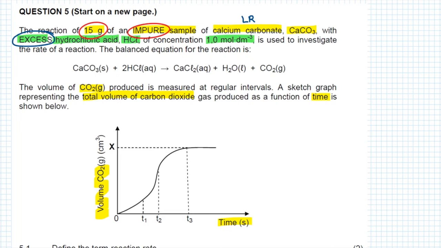Now, they say that the hydrochloric acid that is used is of a certain concentration, so we know the concentration of the hydrochloric acid. Since this question deals with rate and extent of reaction, I would like to remind you of the factors that influence rate of reaction, and I want us to take a look at the equation to understand what is going on.